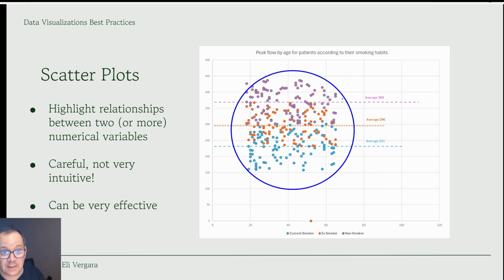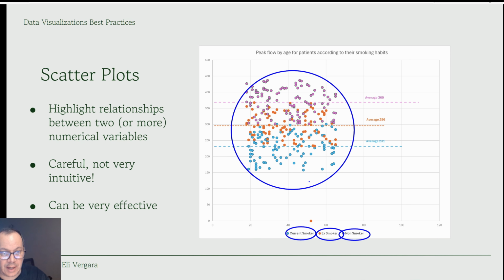In this case, we're looking at the peak flow of air by age for patients according to their smoking habits. We color the ones that are non-smokers, and then the ones that are ex-smokers and the ones that are current smokers.